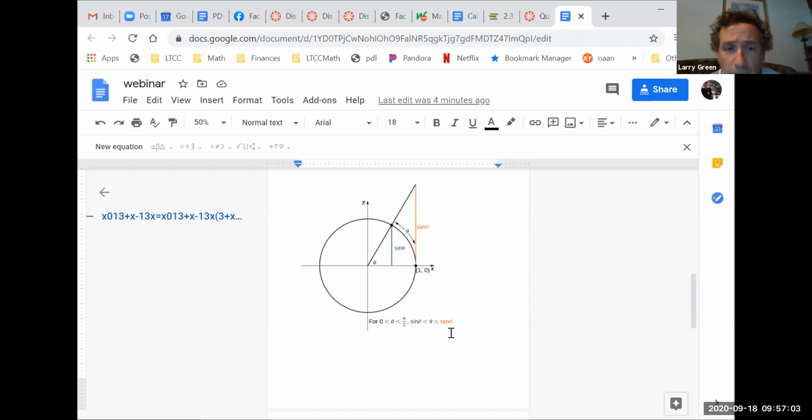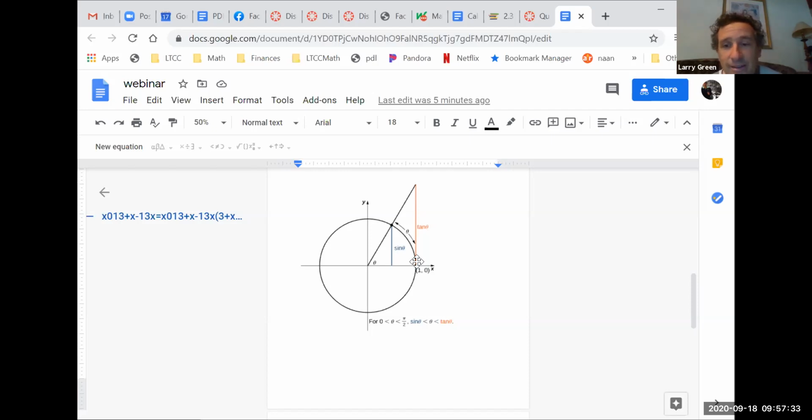Theta is smaller than tangent of theta. That one's a little harder, and that has to do with the area of this sector piece and this triangle. The area of the triangle is 1/2 the base times the height. The base is 1. The height is tangent of theta. So that's going to be 1/2 tangent of theta.